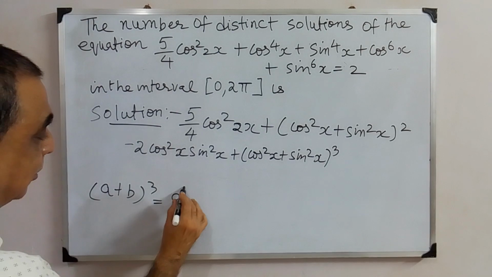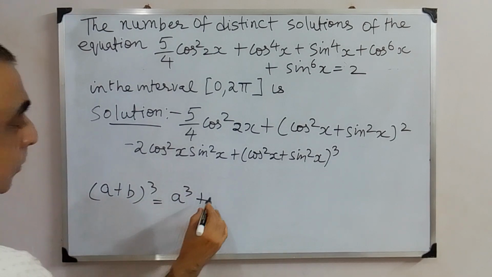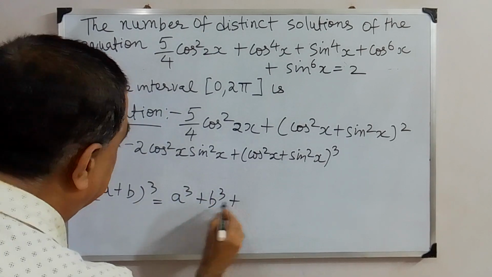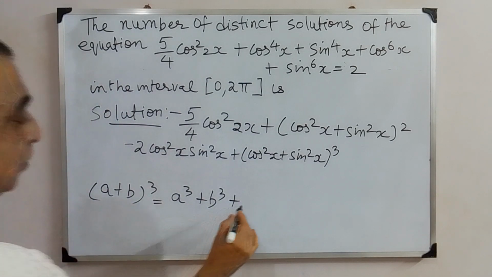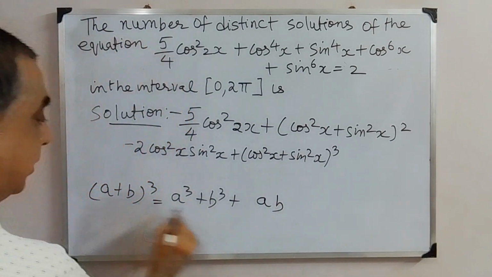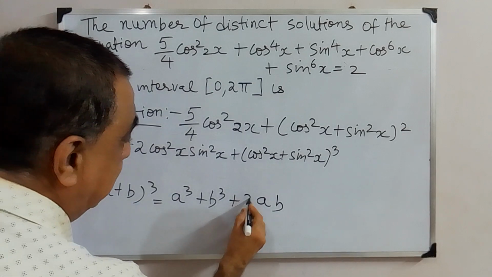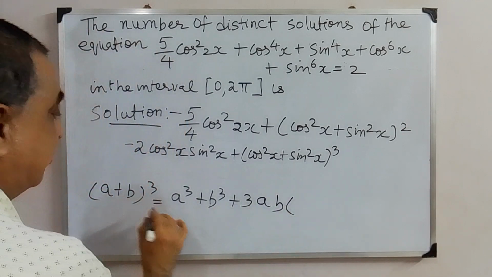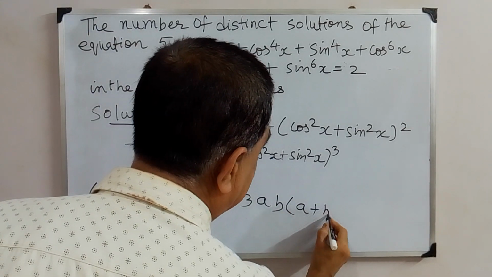The expansion of this is a cube plus b cube, plus 3 times ab, whatever is in the bracket, we put that.